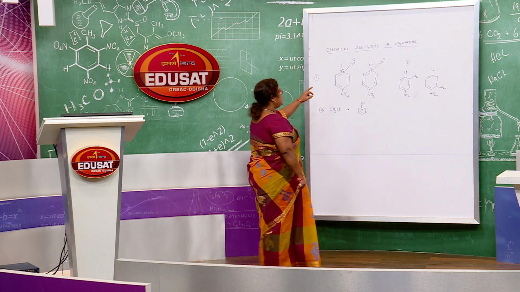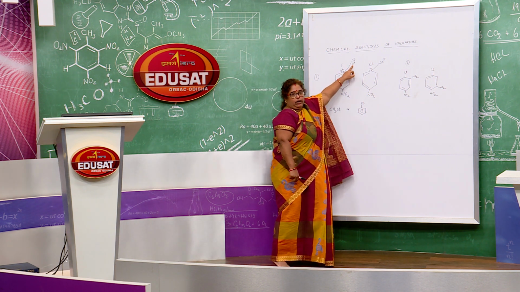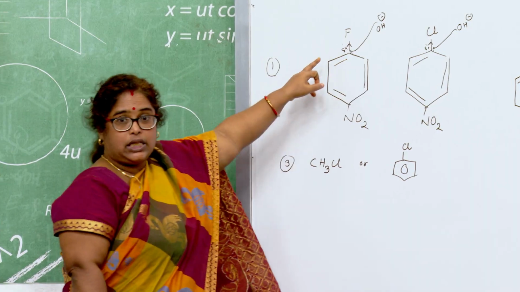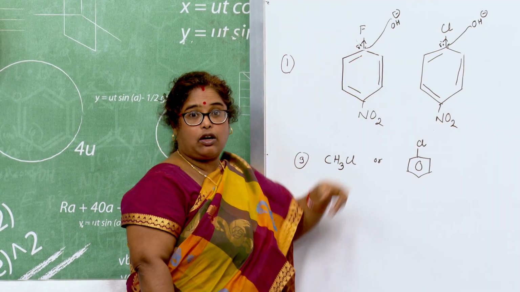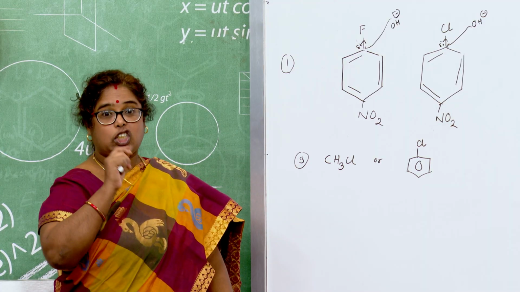Where does the OH minus ion attack the ring?